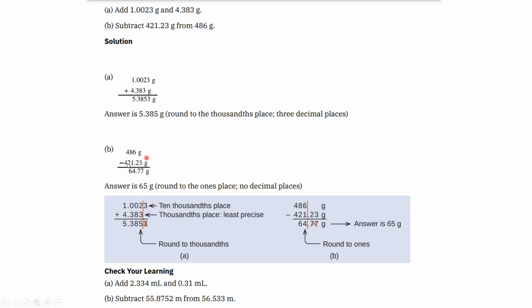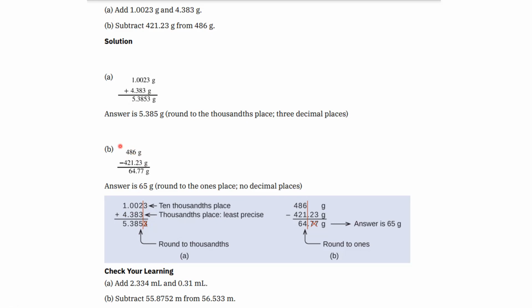And then with subtraction here, we can see the same thing. 486 minus 421.23. So with this one, we don't really even need to draw the line too much because we've just got a whole number for one of these values. And anytime that's the case, anytime we have a whole number rather than a decimal place, our final answer just has to be a whole number as well.